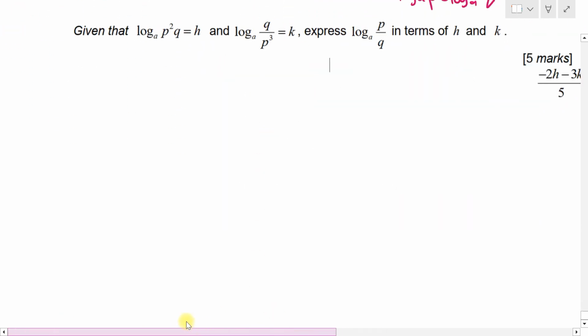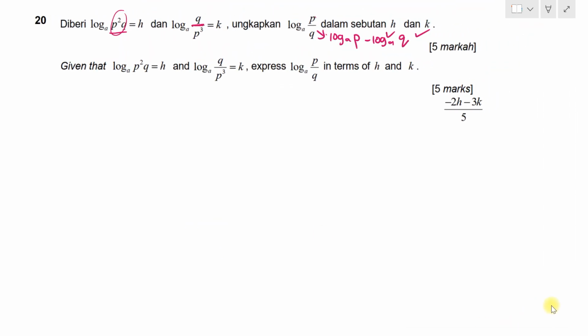So this one, log a of P squared Q equal to H. So log a P squared, times means plus log a Q equal to H. Okay, we put it as equation 1.